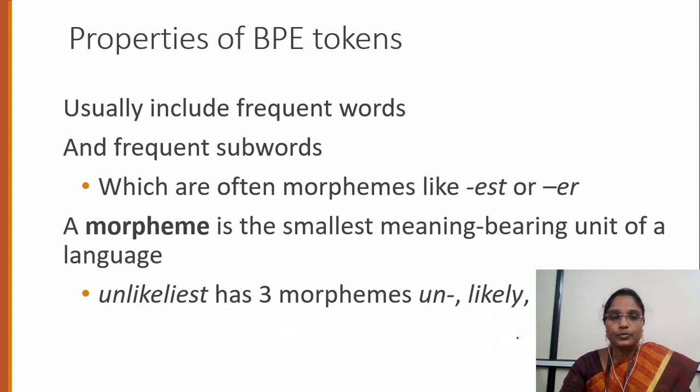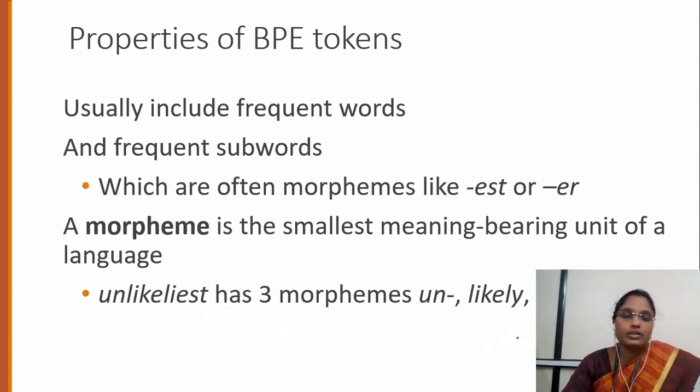So there are a few properties of this byte pair encoding algorithm about these tokens. It usually includes the frequent words and the frequent subwords. Subwords meaning the suffix part of your words like er, es, est.